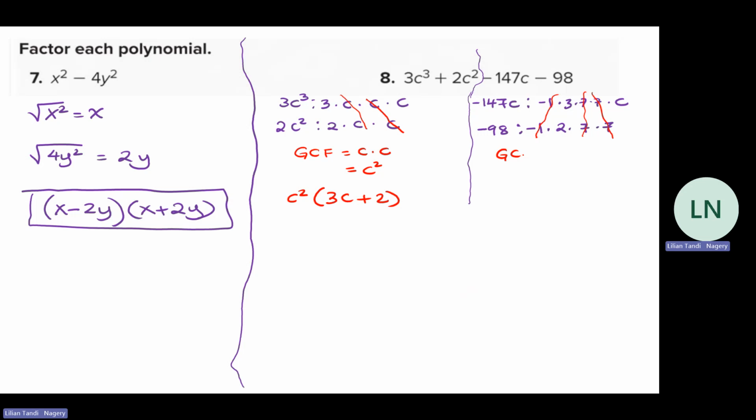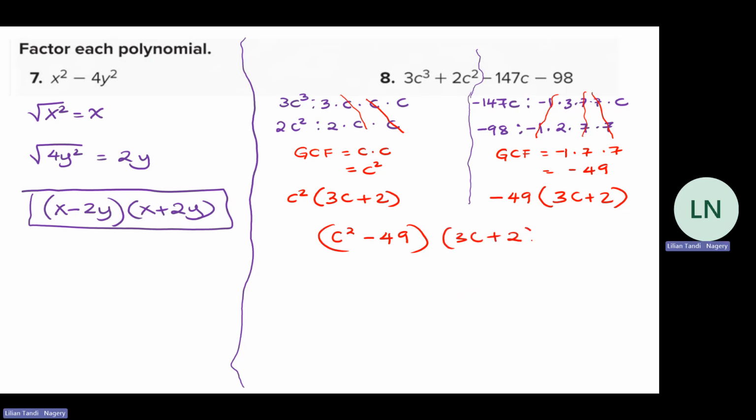So GCF is negative 1 times 7 times 7, which is negative 49. So this will be negative 49, then bracket 3c, and then 2 is positive. Okay, my insides are the same, so I am on the right track. c squared minus 49, and here 3c plus 2.